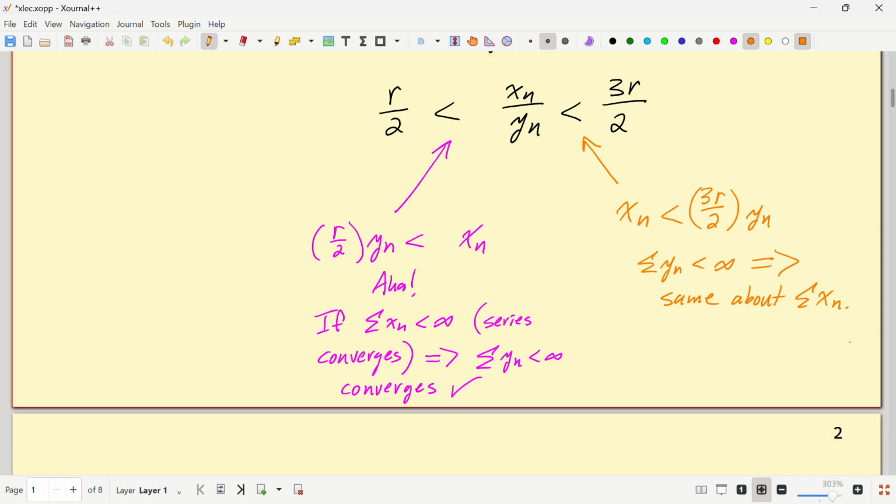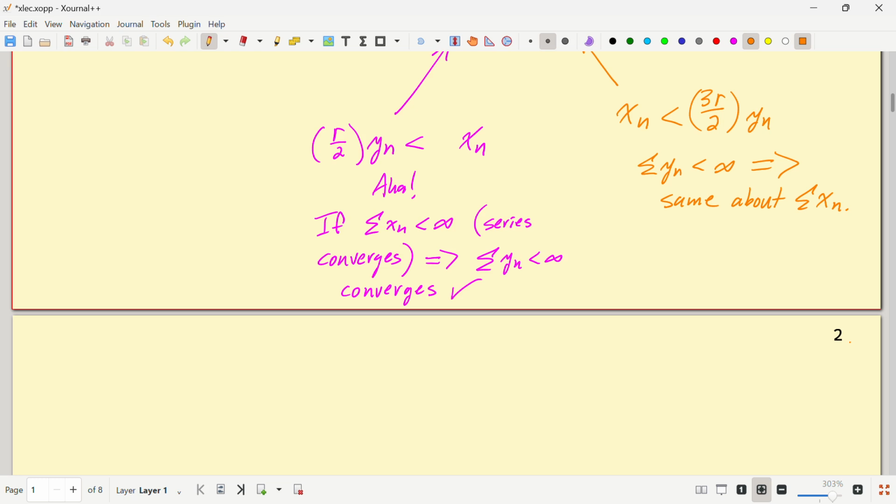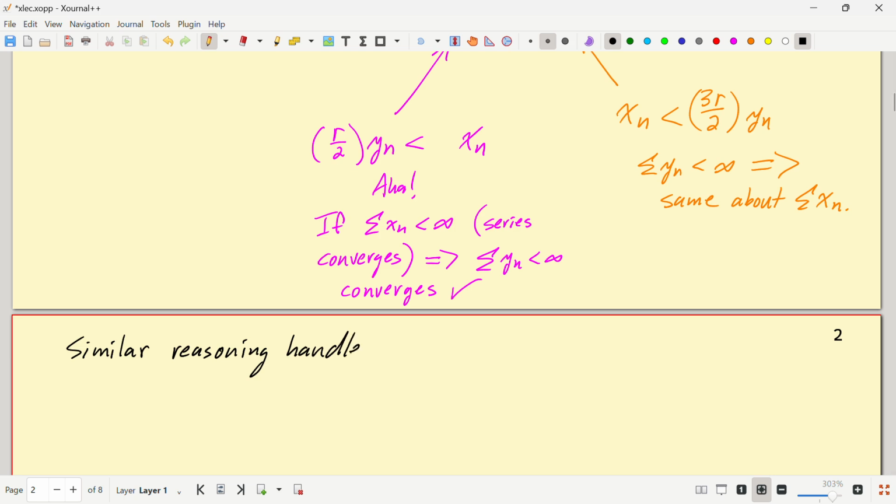Okay, so similar reasoning does the divergence case. Both sums would be infinity, unbounded in the limit.